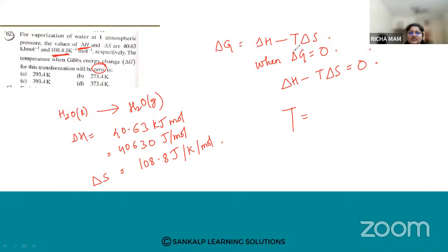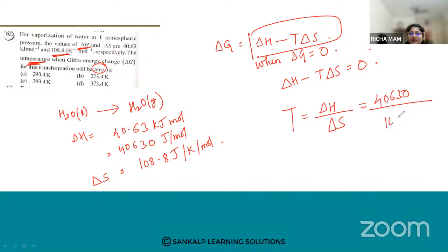Because we have to find the temperature, T is equal to delta H upon delta S. So delta H is 40630 divided by 108.8. Find out.